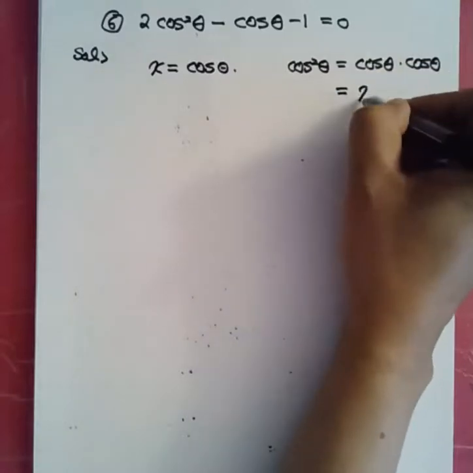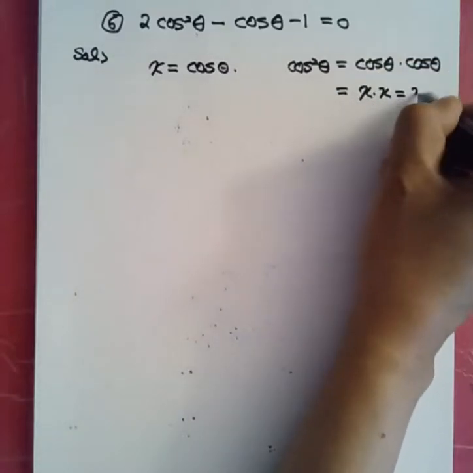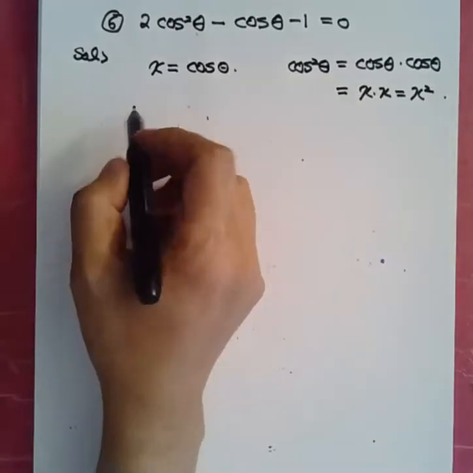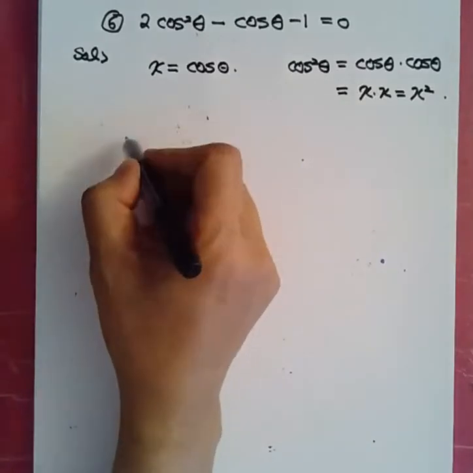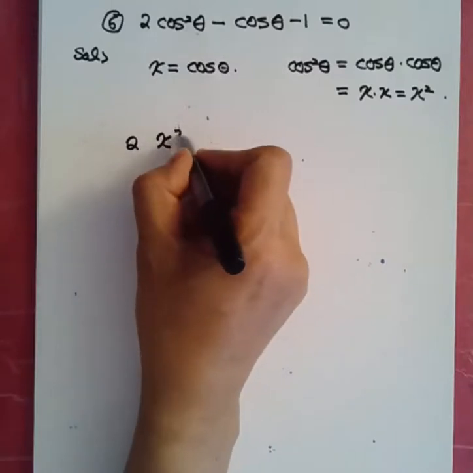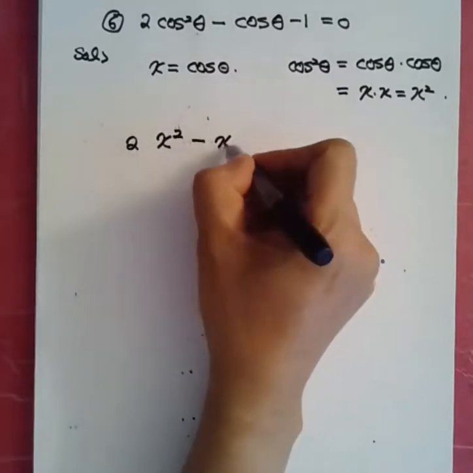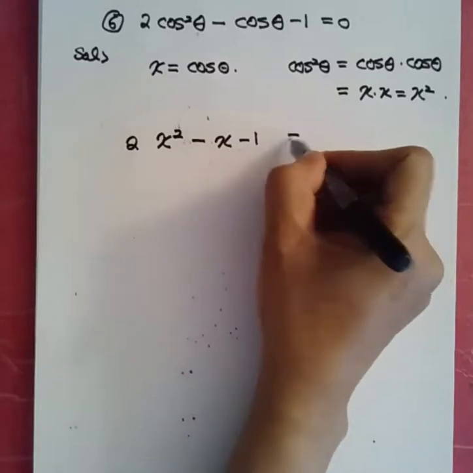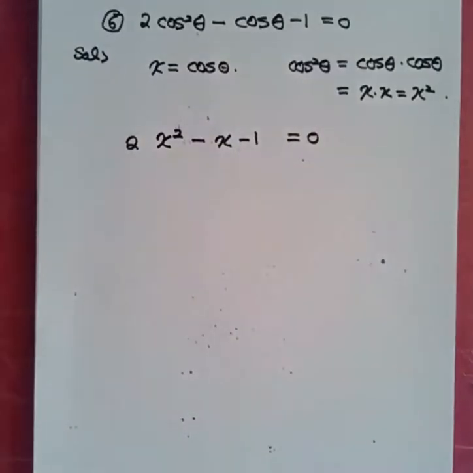So that is x times x, which is x squared. So the given equation can be rewritten as 2 times x squared minus x minus 1 equals 0. Our plan is to factor this and then solve the equation for 2 linear factors.